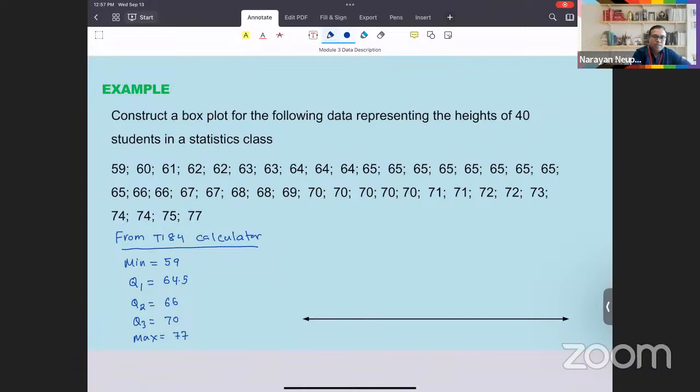So I can probably start somewhere at 55, so that 59 is already there. So I'm going to start at 55, then 60, 65, 70, 75, 80. I think I can just go up to 80 and that's fine because the maximum is 77, right?